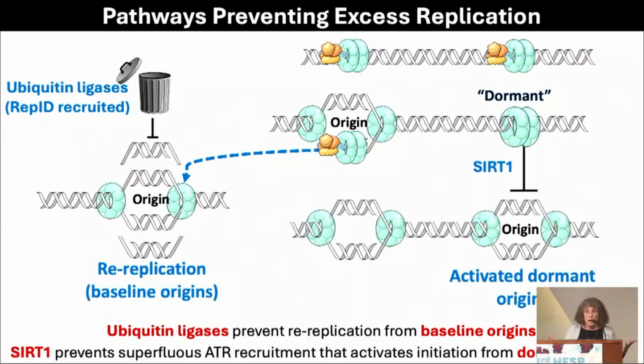And SIRT1 and the components of the SIRT1 regulated pathway prevent initiation from dormant origins by countering superfluous ATR recruitment during normal replication when there is no perturbation and no DNA damage.